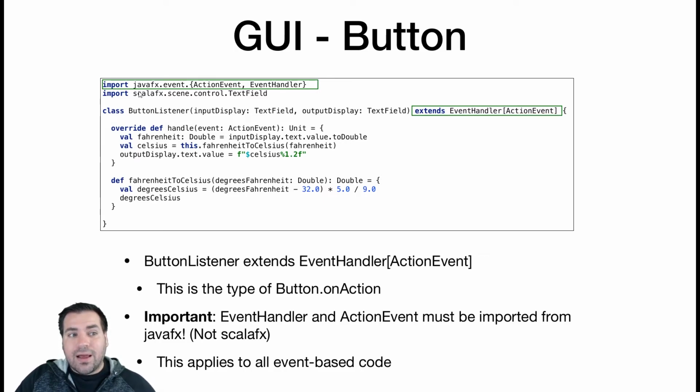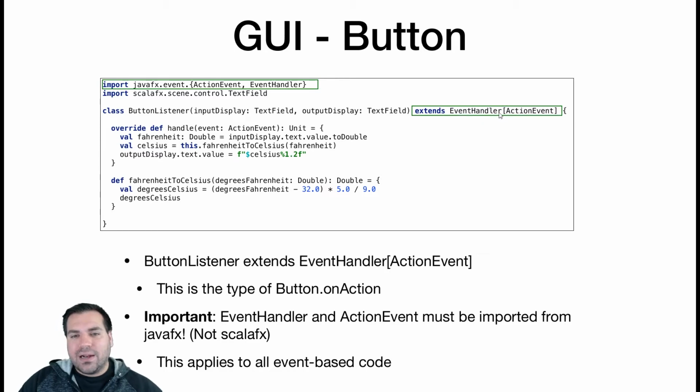There are ScalaFX versions of action event and event handler, and if you use those, things break, and it's no fun. I went down that road. It sucks. Don't make the same mistake I did. So I'm warning you right now from my experience. The event stuff has to be JavaFX. I don't know why. It's a ScalaFX button, but it uses a JavaFX event handler of a JavaFX action event.